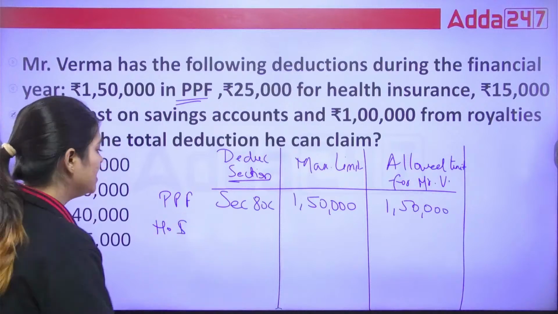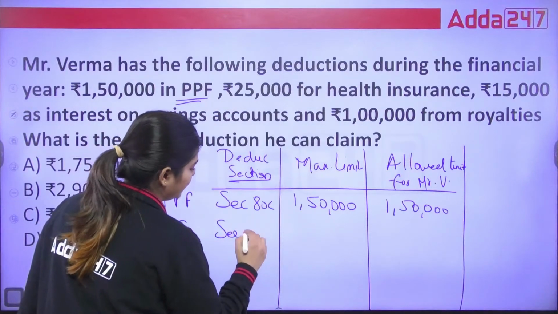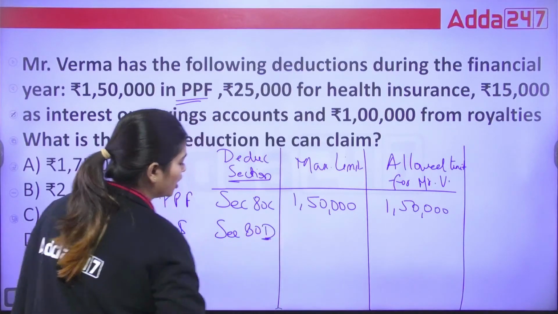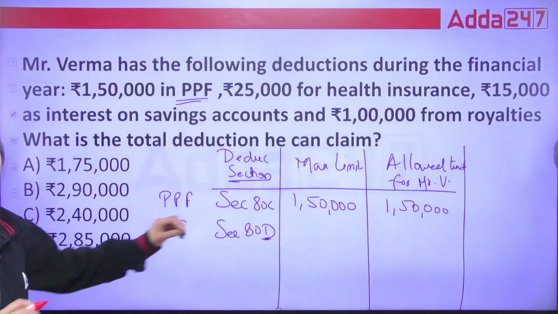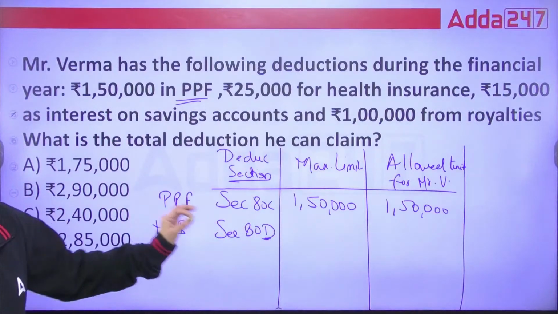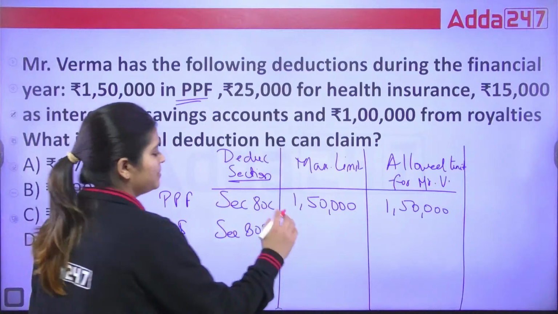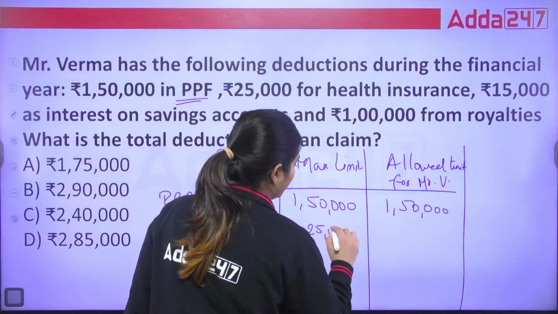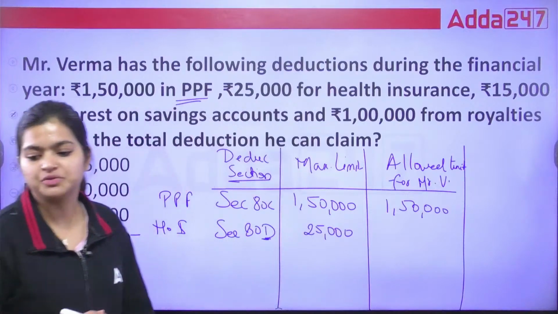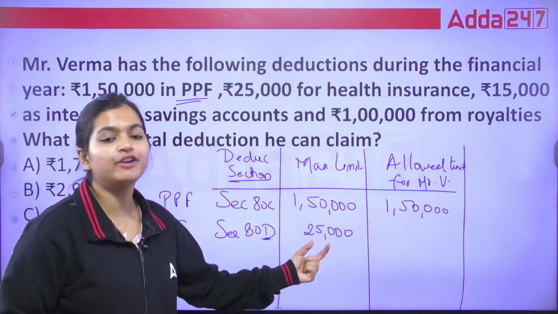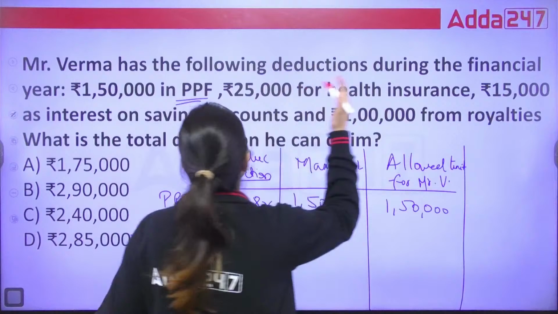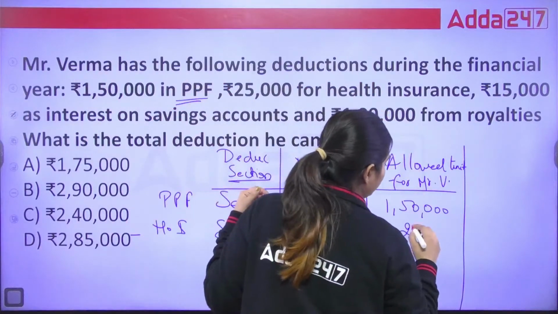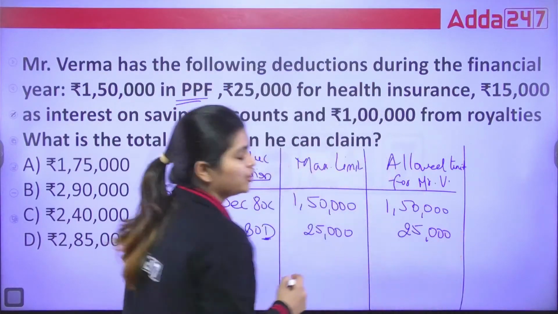Yes, 80D. You can remember section 80D: D means doctor. Health insurance, doctor. Now, what is the maximum benefit if you are 60 years or less? The benefit amount is 25,000. Mr. Verma is investing 25,000 in full, so we are going to take the deduction of 25,000.